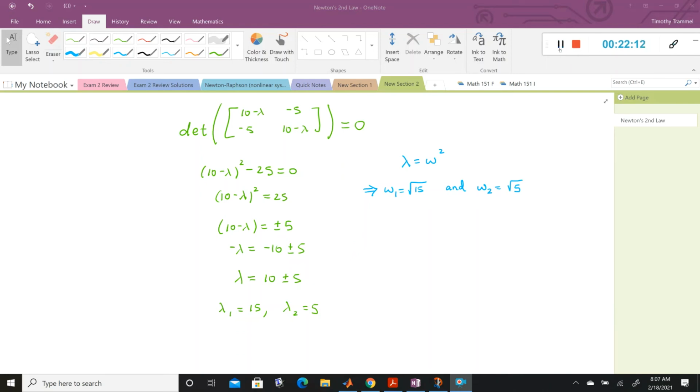Now that we have these omegas, you could find the corresponding period, or you could find the actual frequency, not in radians per second, but in cycles per second. Well, we had that omega was equal to 2 pi over the period.